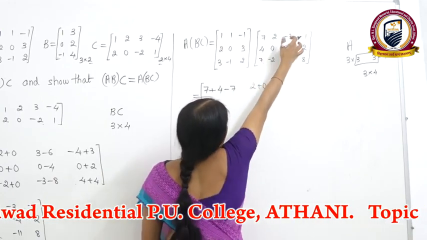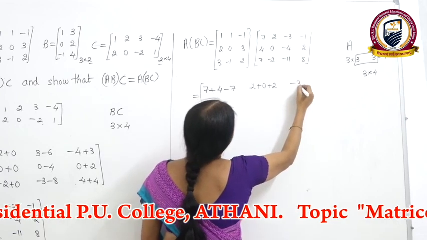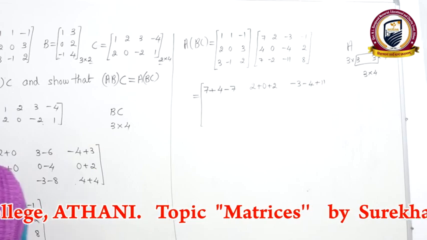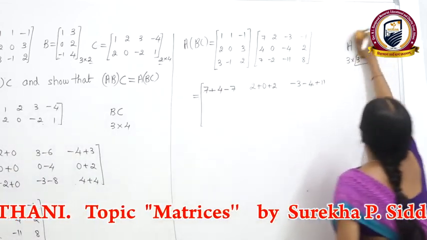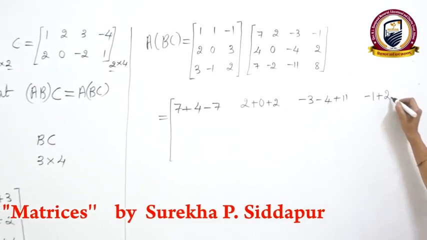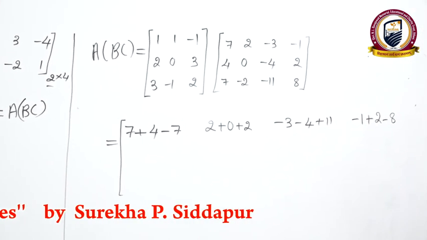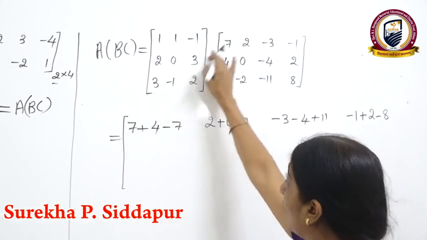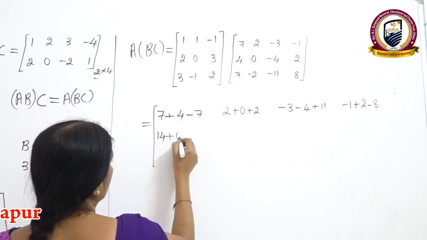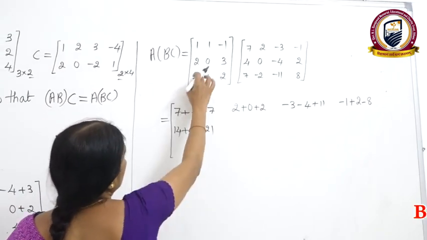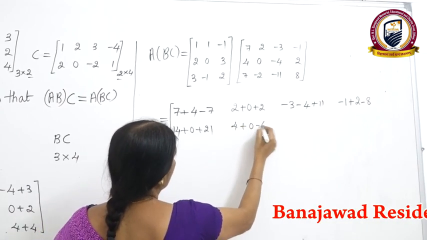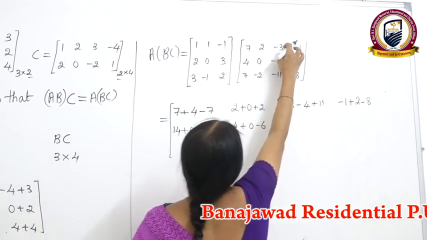Next, first row with third column. After that, first row with fourth column. Minus 1 plus 2 minus 8. Then, second row with first column. Second row with second column. In that, corresponding elements. Second row with third column.